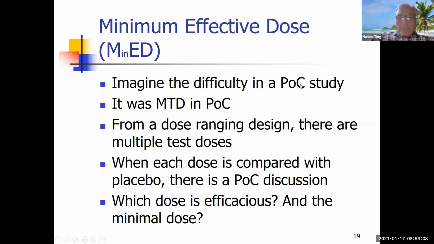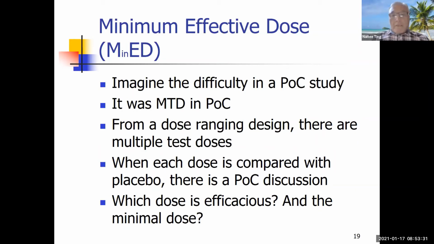Imagine the difficulty in a POC study. All right. So I spent some time in the previous lecture and the most part of the first lecture to impress you that how difficult it is to make a POC decision. All right. So POC is very, very, very difficult.